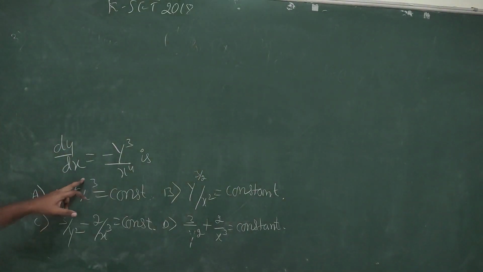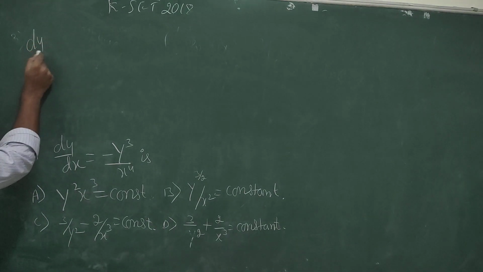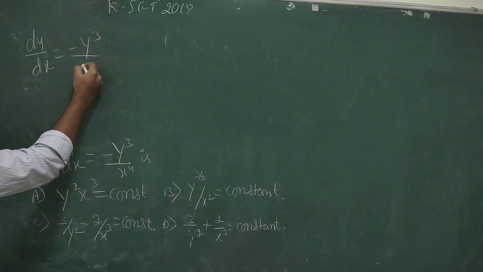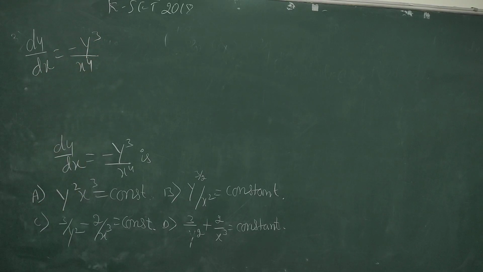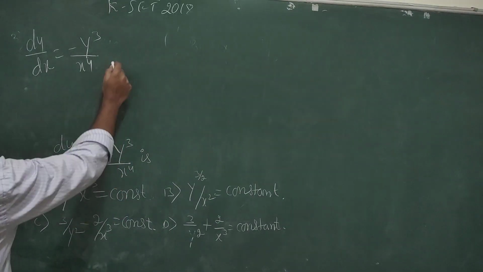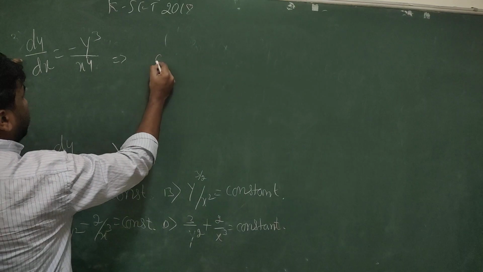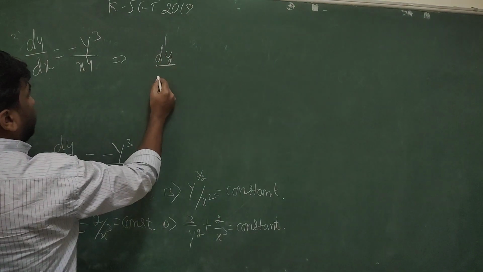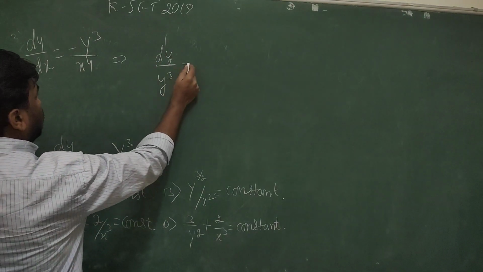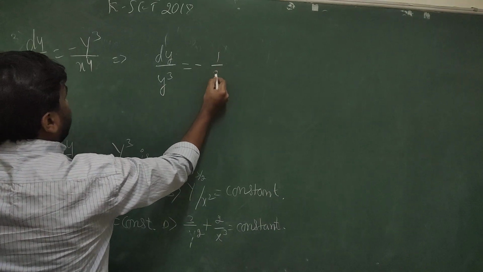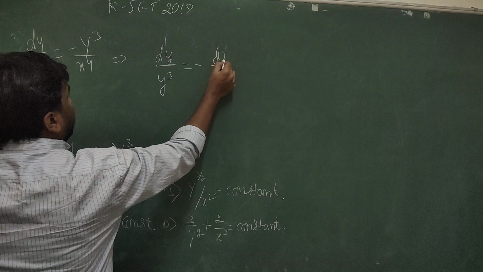The differential equation is dy by dx is equal to minus y cube by x power 4. So this is the given differential equation. So let us use the variable separable method. So dy divided by y cube is equal to minus of 1 by x power 4 into dx.